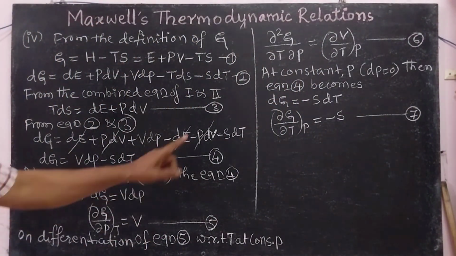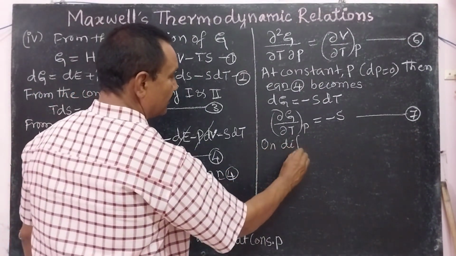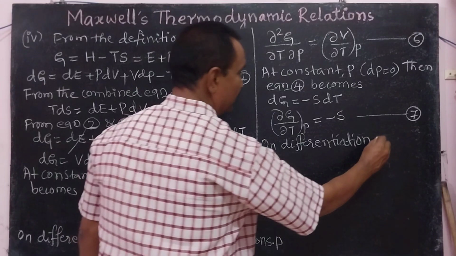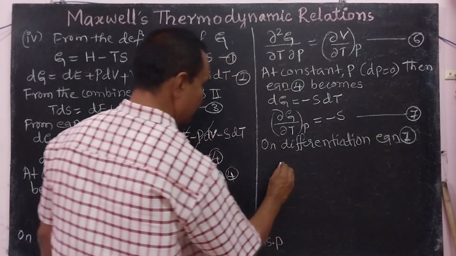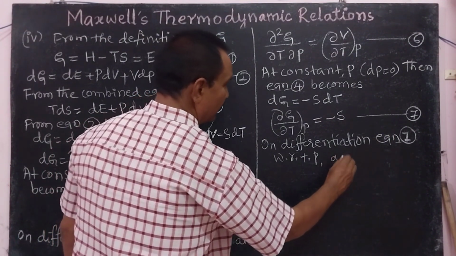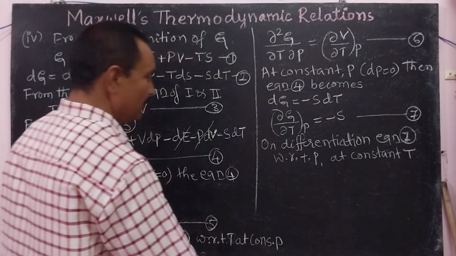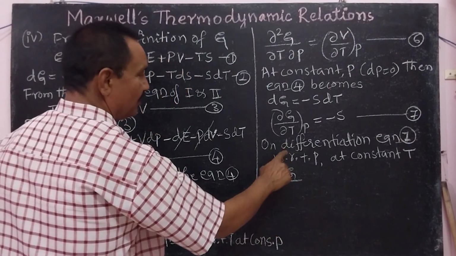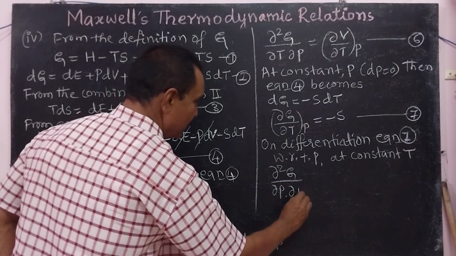Now on differentiation of equation 7 with respect to P at constant T, we get ∂²G divided by ∂P ∂T, where ∂T remains as it is.